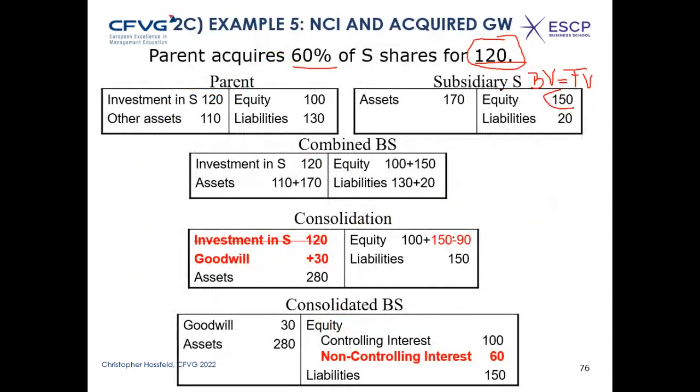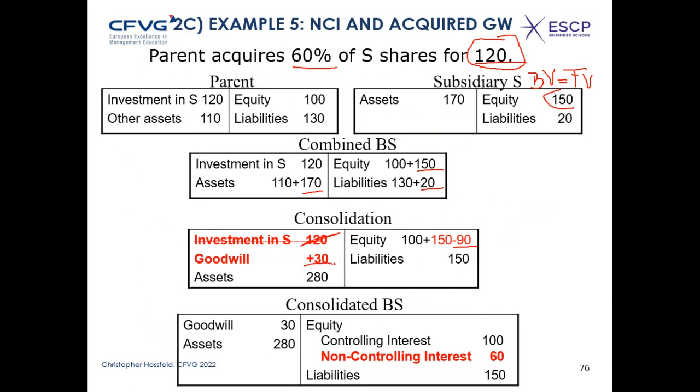Okay, very good. That means here I have my combined balance sheet, parent plus subsidiary. Once again, I take 100% of the subsidiary values. Then I eliminate the investment. I eliminate 60% of the fair value of the equity, which is 90. Okay, so I eliminate 90. So that means here I delete 120, here I delete 90. Obviously, that's not balanced. Why not? Well, because the goodwill is missing.